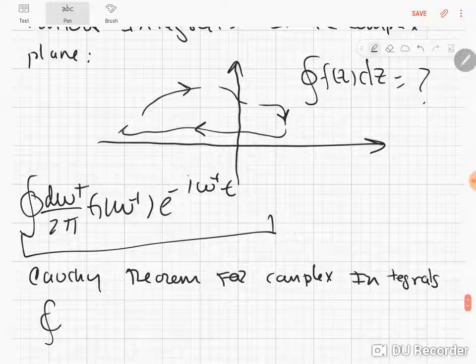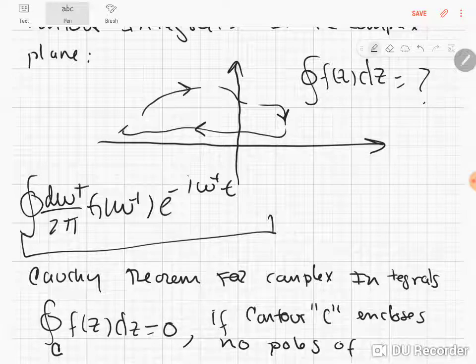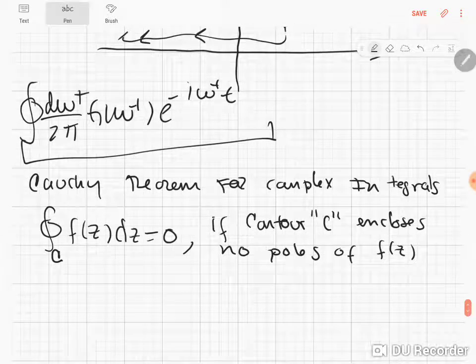The integral on a closed path, contour C, of just a function f of z dz is equal to 0 if contour C encloses no poles of f of z. So if there are no poles inside the contour C, so let's say that this contour is C here, and we have no poles of the function we're integrating over that contour, then the integral is 0, okay?